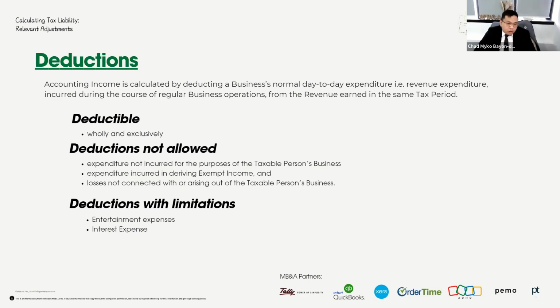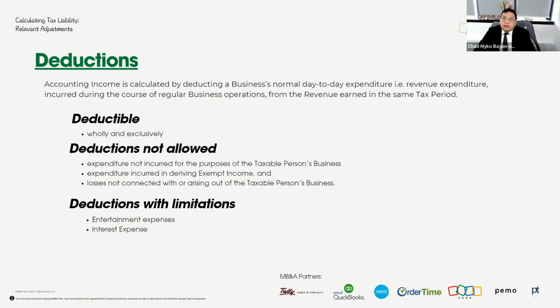Now, losses that are not connected with the taxable person's business should not be part of your deductible expenses. That should be considered as non-deductible expenses. Okay? So that should be adjusted as well.